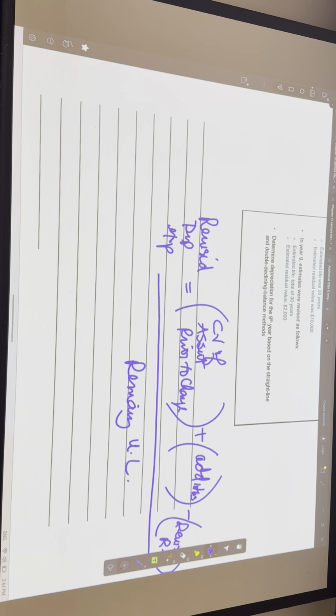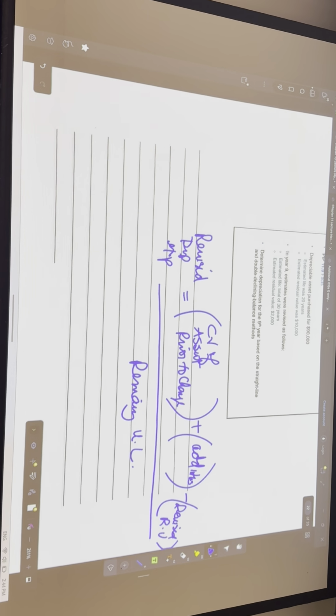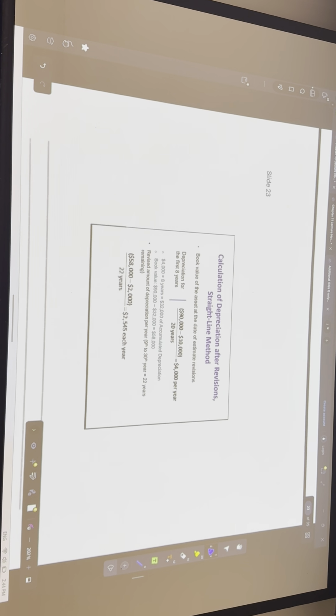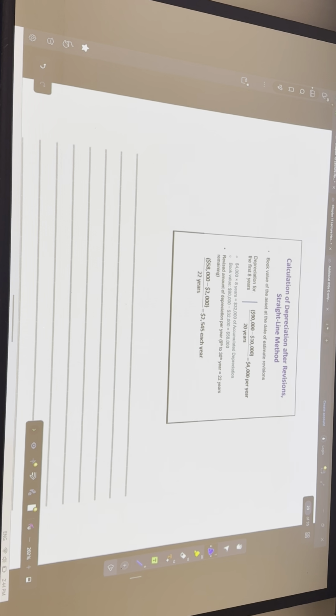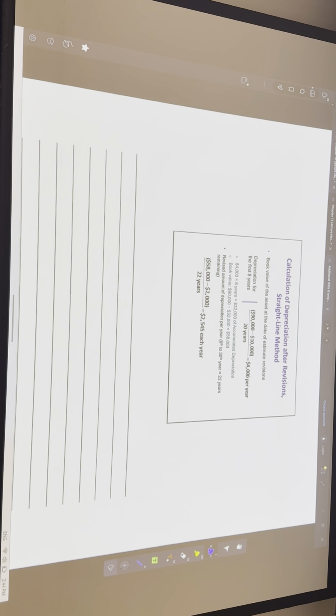Or if at the end of 3 years we realize it wasn't 20, it should only be 14, then it's going to be 14 less 3 years old. Right? That's how you determine that. Okay? So that's the formula, you guys. And do you have to know this? The answer is yes. There might be some multiple choice question. Okay?